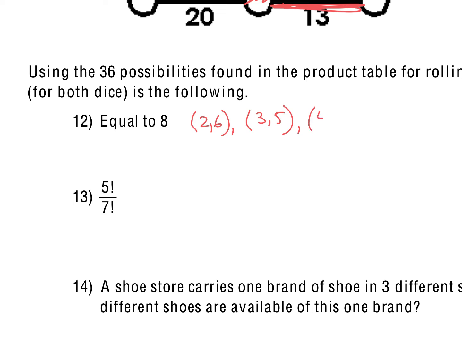You could roll a 4 and a 4. You could roll a 5 and a 3. Or a 6 and a 2. Notice 2 and 6 and 6 and 2 are different because I got a 2 on the first die, a 6 on the second die compared to a 6 on the first die and a 2 on the second die. So that's a total of 1, 2, 3, 4, 5 possibilities.